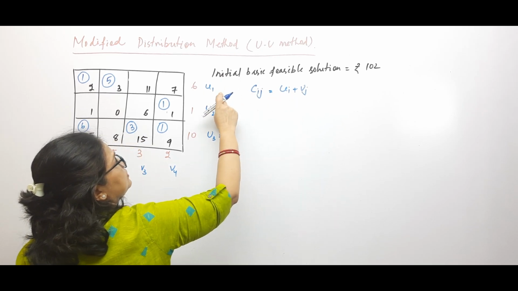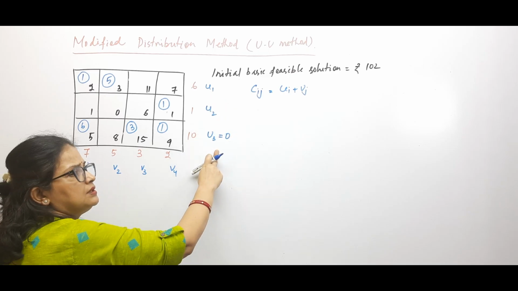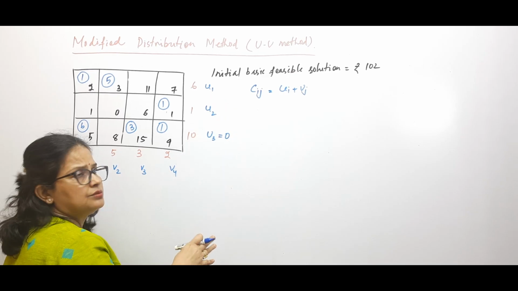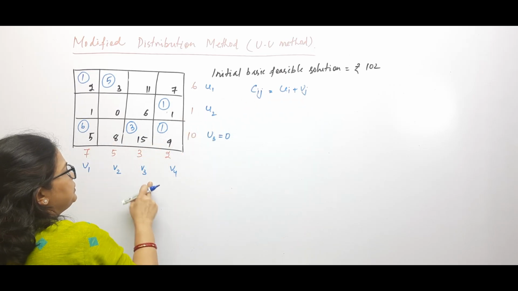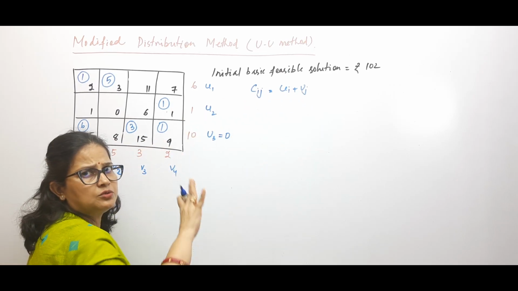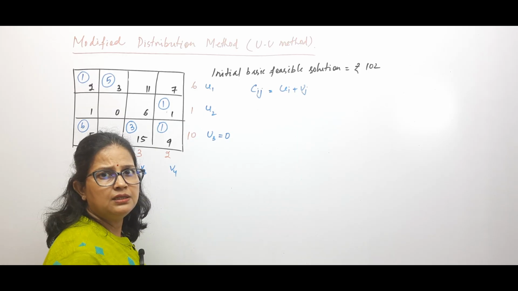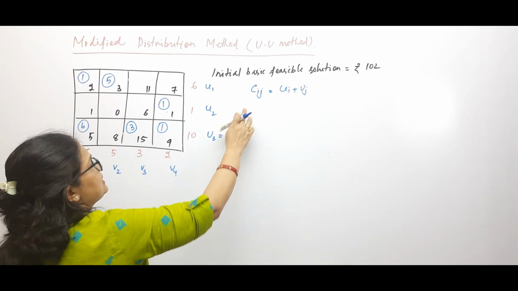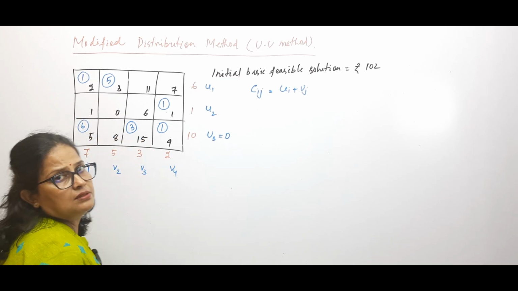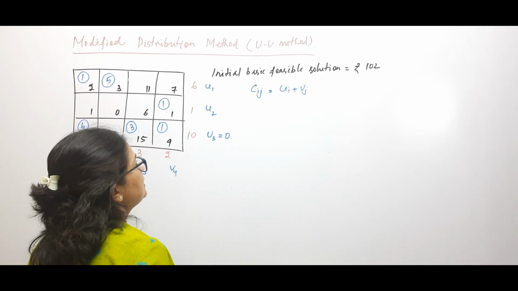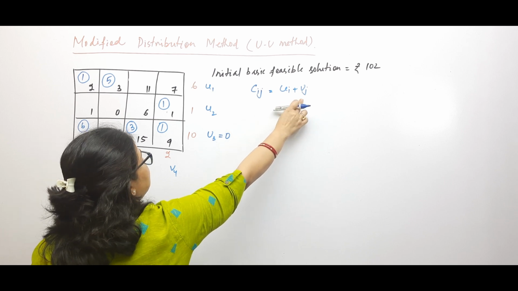Ui is nothing but U1, U2, U3, for the number of rows. And what is Vj? V1, V2, V3, V4, for the number of columns. In that way we can denote. Cij is nothing but our cost, what is given in the table or the matrix. So Cij equal to Ui plus Vj.